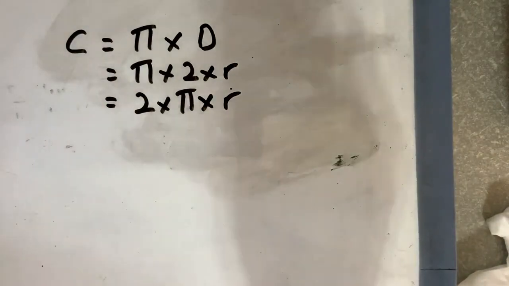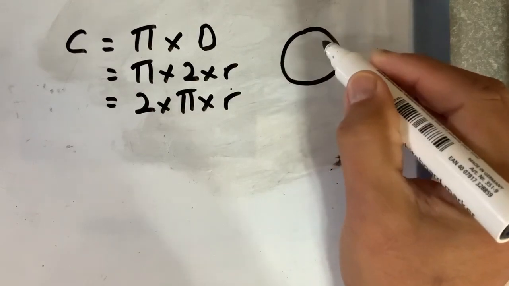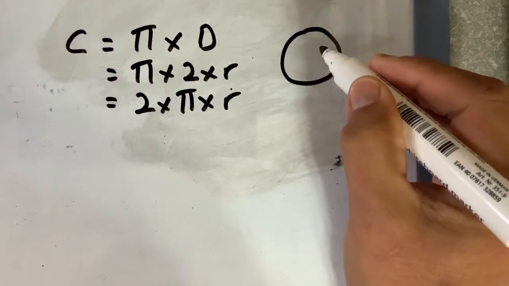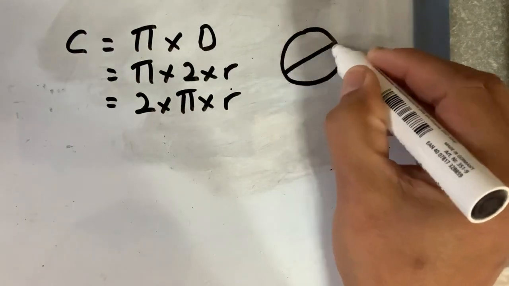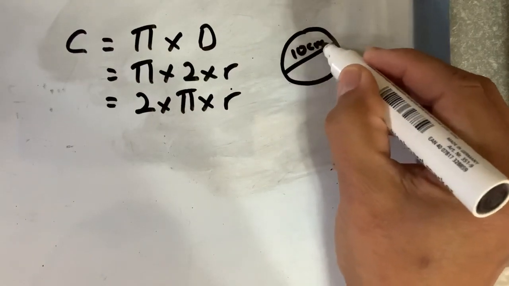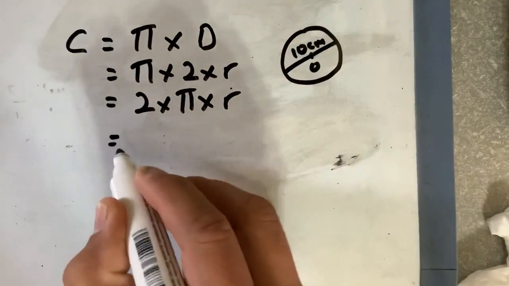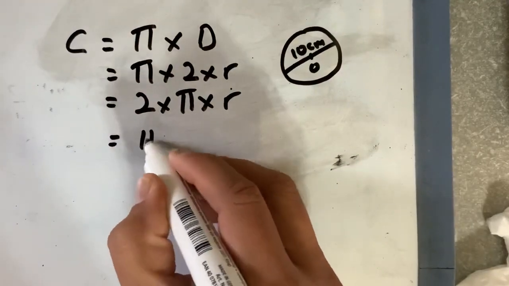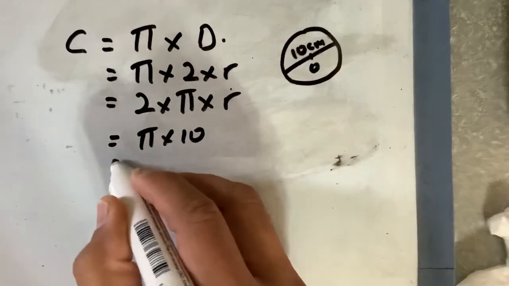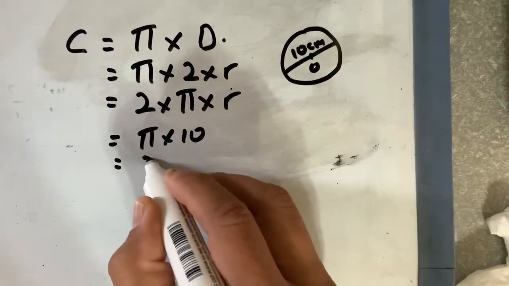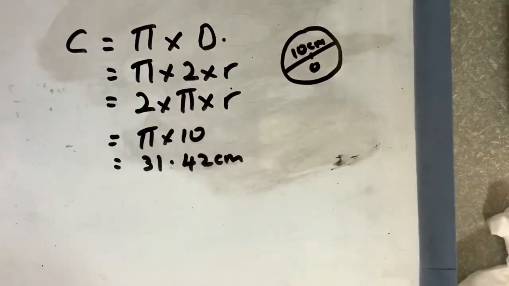Okay, so for example, if we have a circle where the diameter is given as 10 centimeter, going through the center O, to calculate the circumference you just take pi times 10, using the first formula, and the answer is going to be 31.42 centimeter.